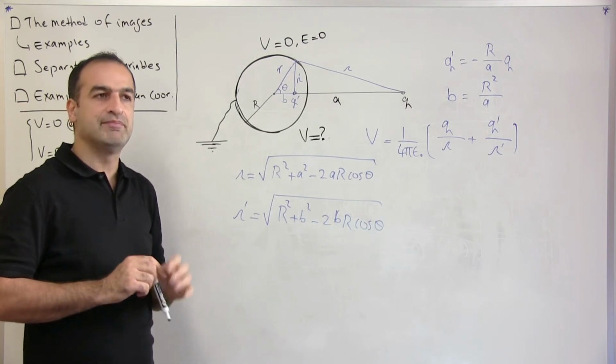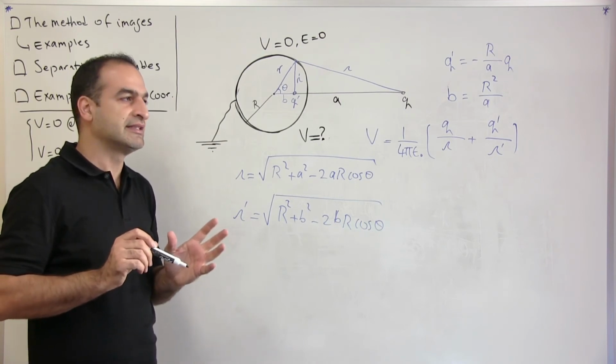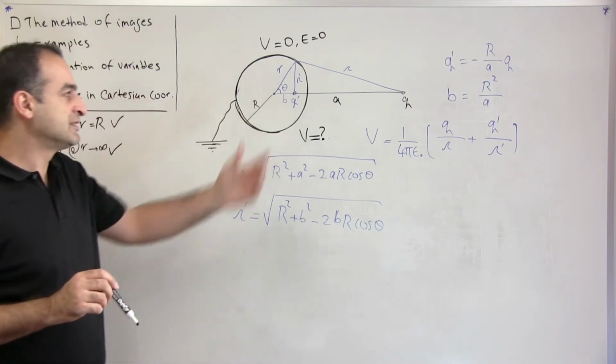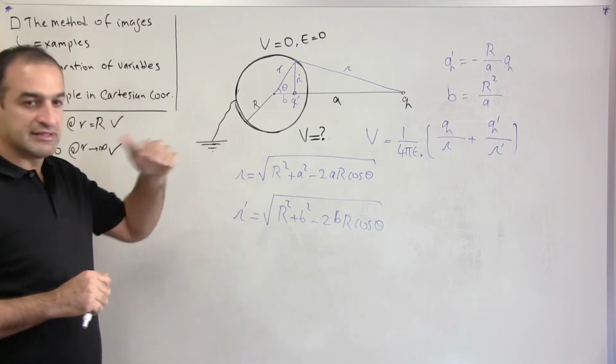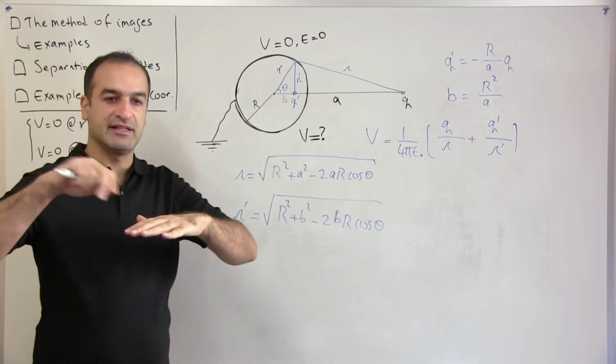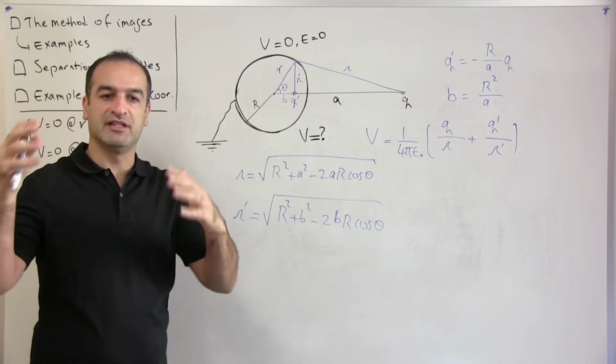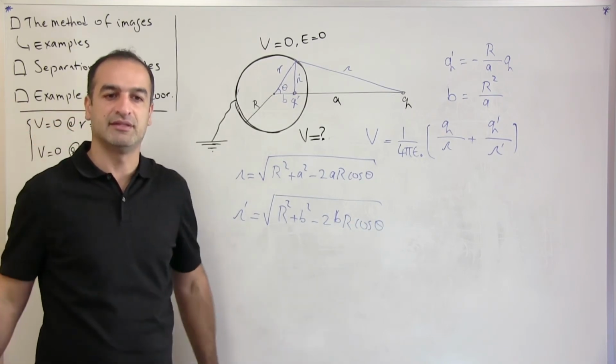The basic condition for using the image charge method is when you have a conductor, either a surface or a sphere, and then you come up with image charges that can satisfy the boundary conditions you have.